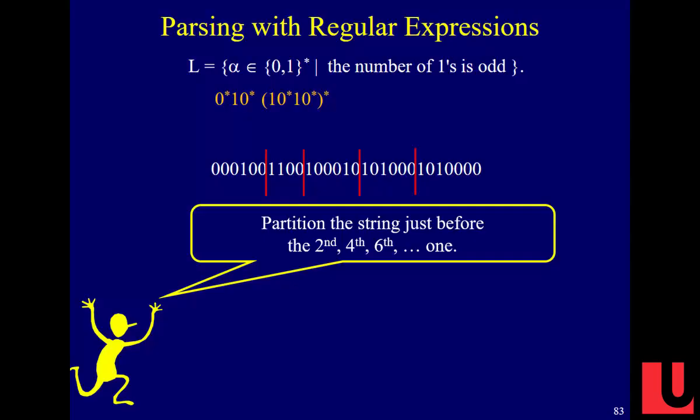Everybody buy that? And in fact, if we started with an odd number of ones and do this, the first piece is going to have 1, 1. And what are all these other little pieces going to have? They're going to have an even number of 1s, and they're going to start with a 1.